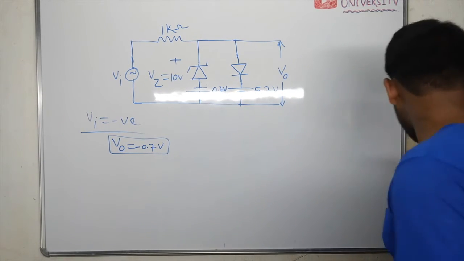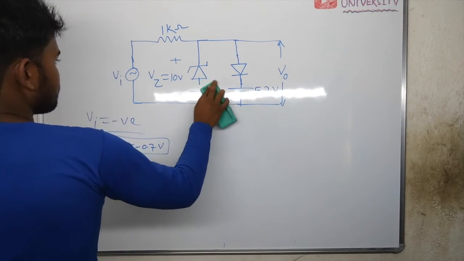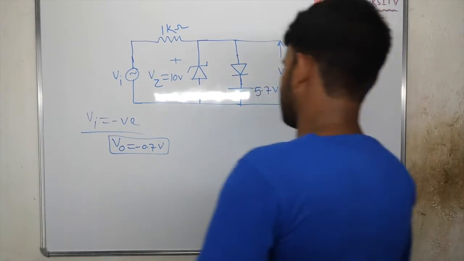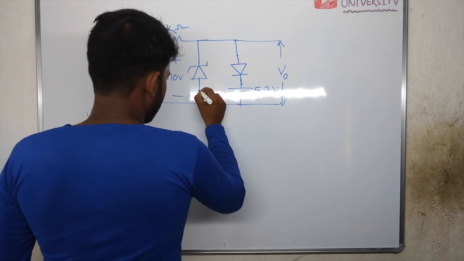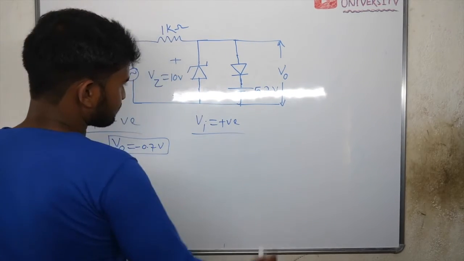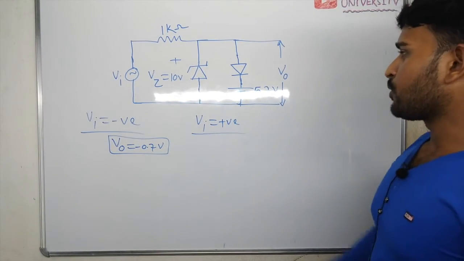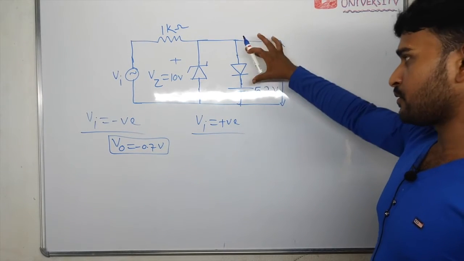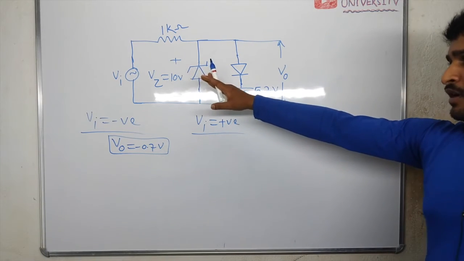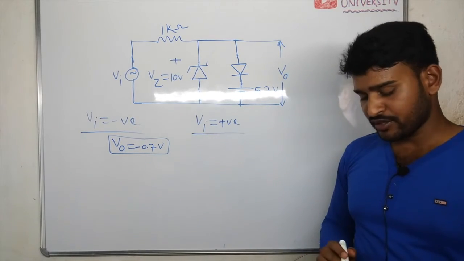Now, to understand the condition for this diode to be forward biased, and in reverse bias it can be in breakdown or not in breakdown, we will understand it.